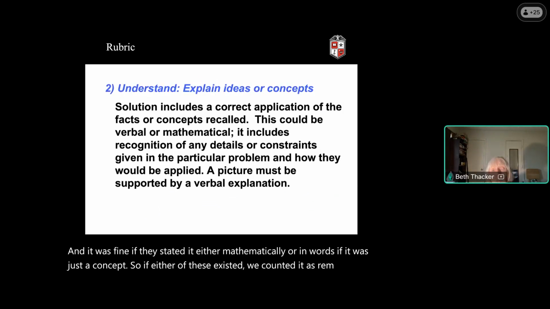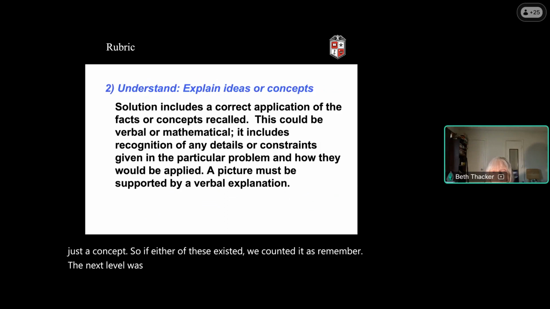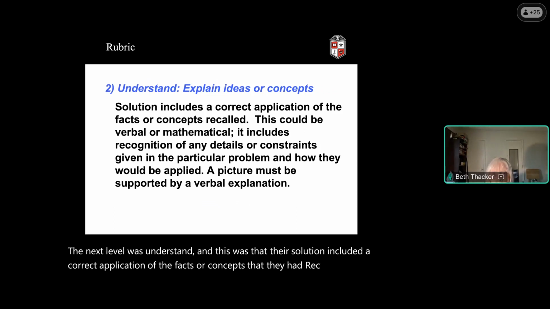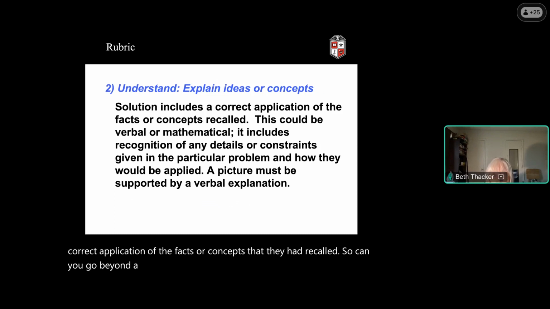The next level was understand, and this was that their solution included a correct application of the facts or concepts that they had recalled. So can you go beyond a recollection of the concepts or facts, and can you use them either mathematically or verbally to help solve your problem?